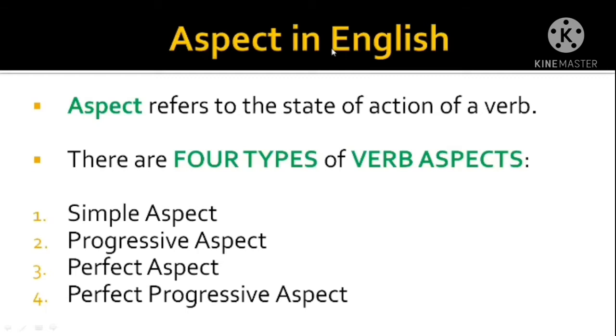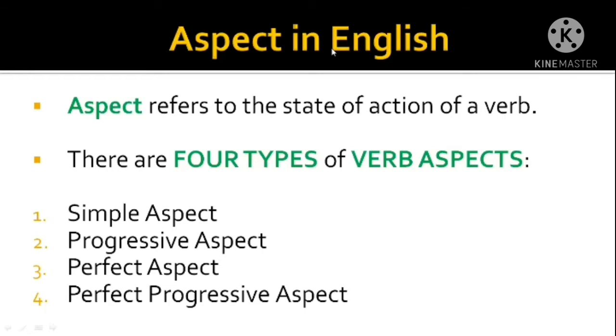In English, there are four types of aspects. They are: number one, simple aspect; number two, progressive aspect; number three, perfect or perfective aspect; number four, perfect progressive aspect.